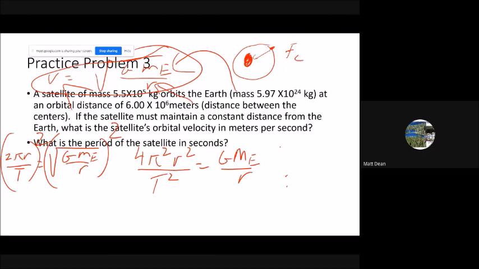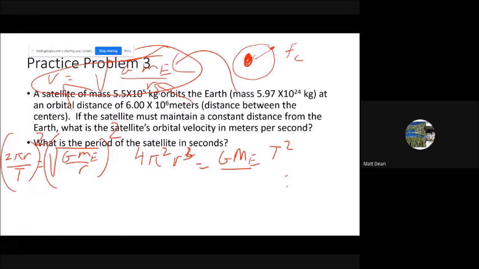All right, I'm trying to get T by itself, so I need to multiply both sides by T squared to get that off the bottom. It's going to cancel over here, giving me T squared on this side. Again, I just multiplied both sides by T squared. Now I need to get rid of the r's and the G's and the m_e's. So let's multiply both sides by r. It'll cancel over here, and when we multiply the left side by r, this r squared is going to become r to the third.